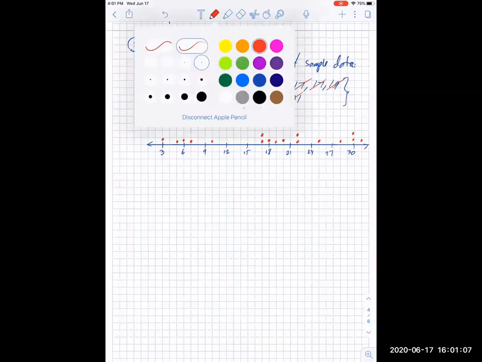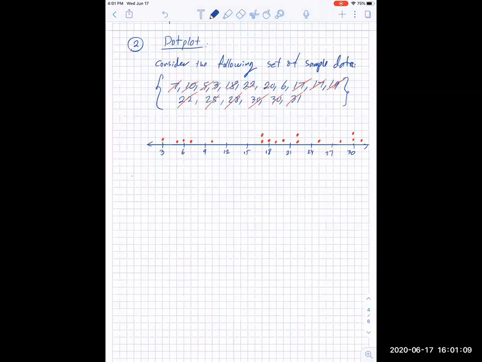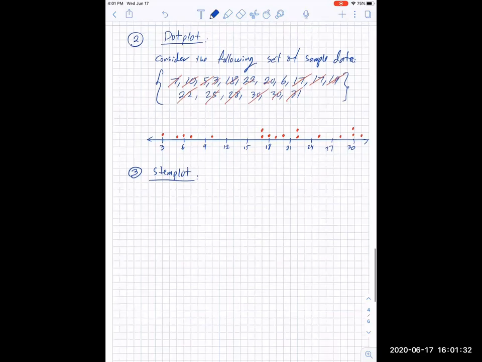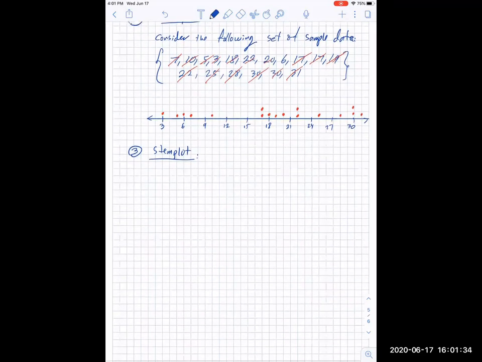You can also take this data and represent it by what we call a stem plot. Instead of a dot plot, we have a stem plot. All right, so with the stem plot, you draw a vertical line.